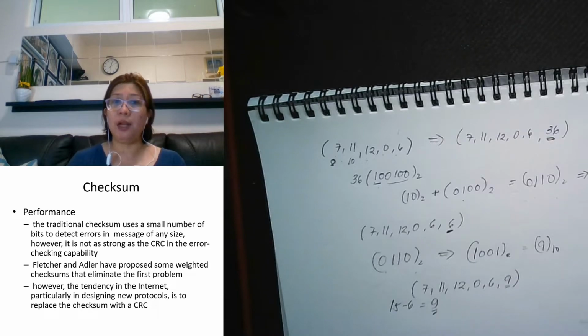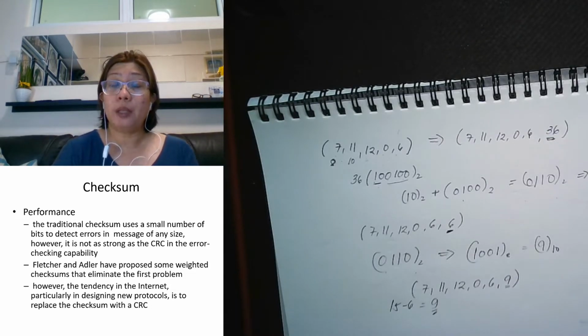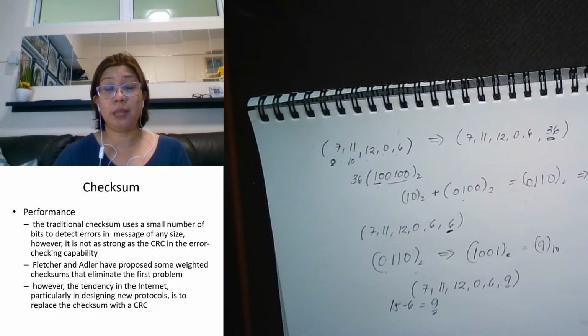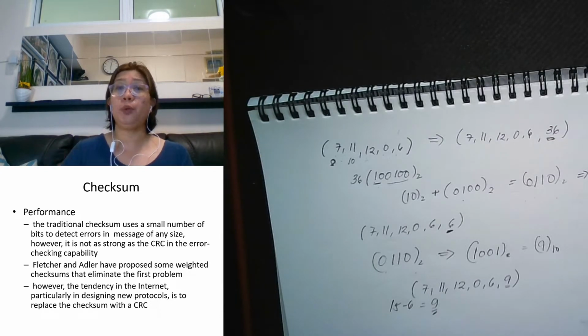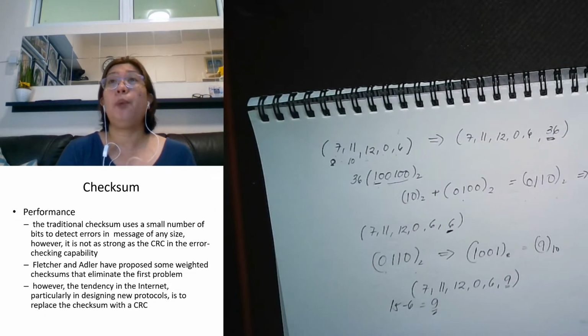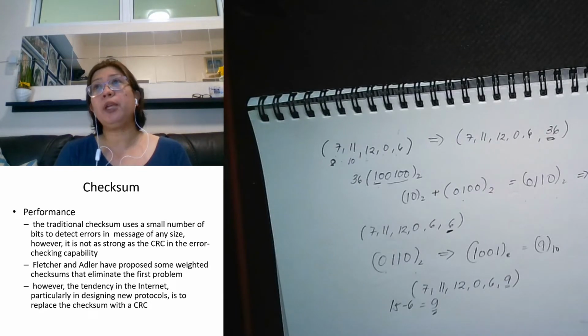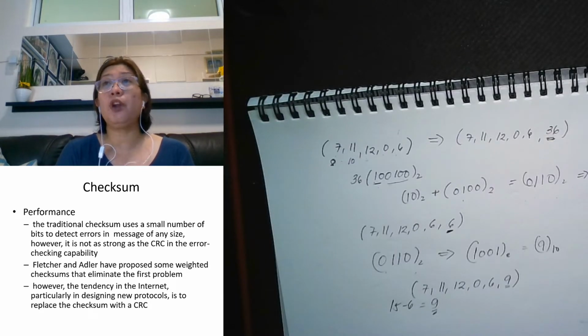However, Fletcher and Adler, who are quite popular in the data communications world, have proposed some weighted checksums that eliminate this type of problem. However, the tendency in the internet, particularly in designing new protocols, is to replace the checksum with CRC.